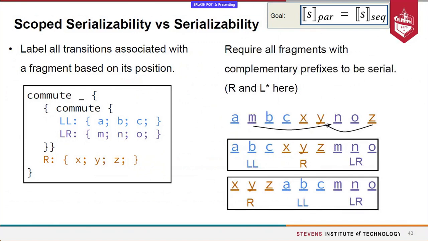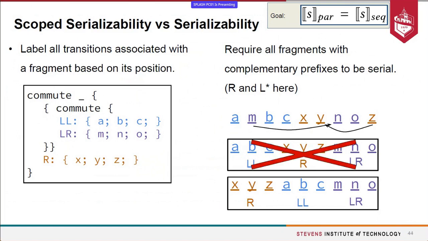Then we just require that all the fragments with complementary prefixes, which is to say that one of them is something ending in R and then the other one is the exact same thing ending in L. In this case, it's pretty simple. So we would just have nothing followed by R and nothing followed by L, or R and L. So we require these fragments with complementary prefixes to be serial with respect to each other.